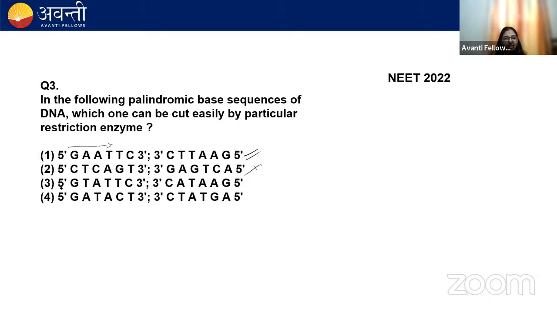No. Third says GTATTC, GAATAC. No. GATACT, AGTATC. No. So the correct option is 1. This is the correct palindromic sequence. I hope it is clear to everyone. Always read from 5' to 3', like in this direction and from this direction.